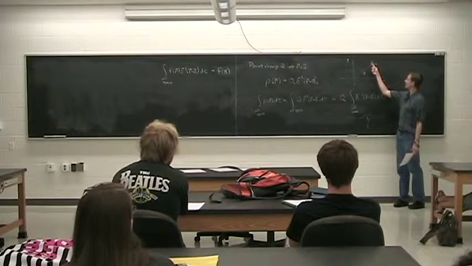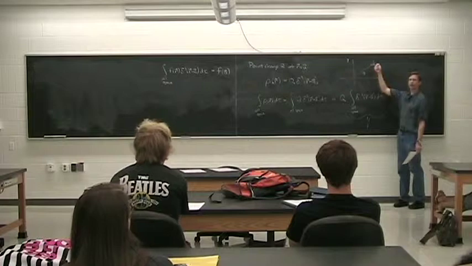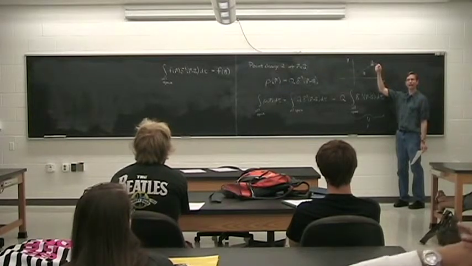The area is a squared, so its height would have to be 1 divided by a squared instead of 1 over a.